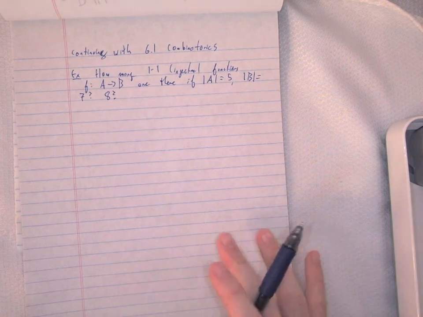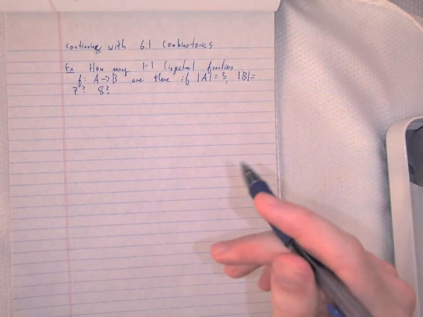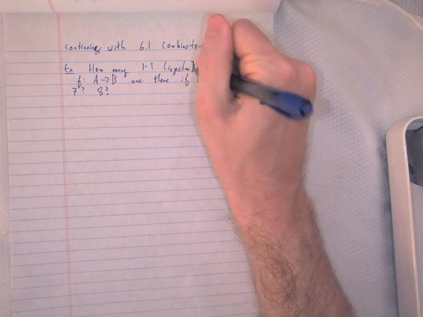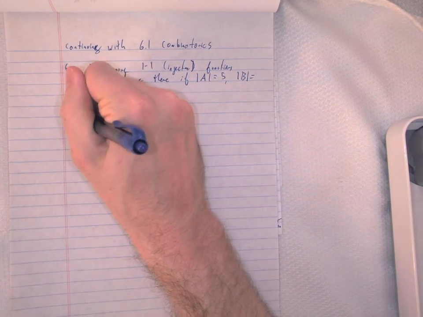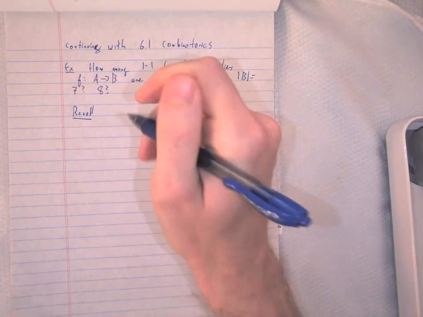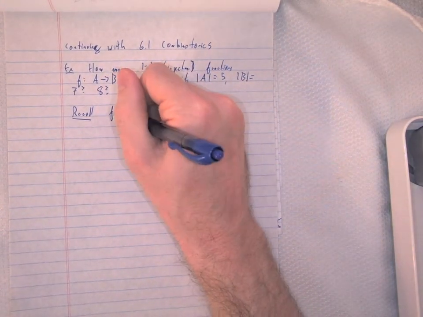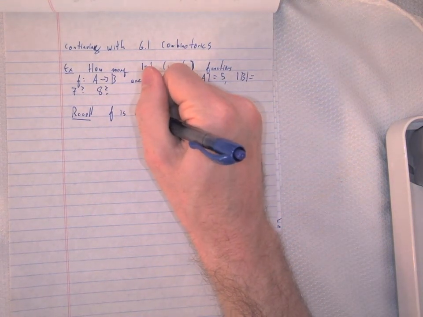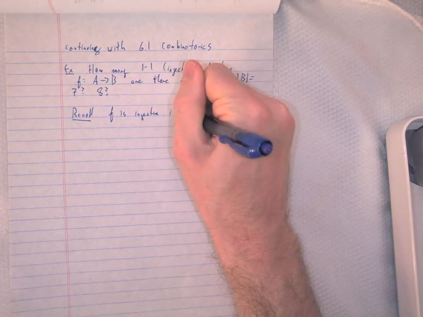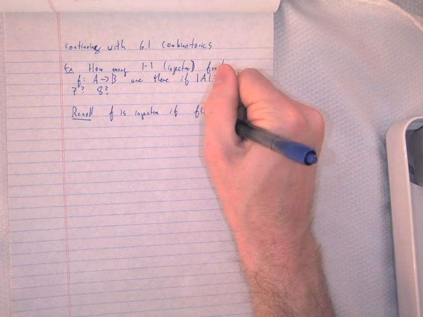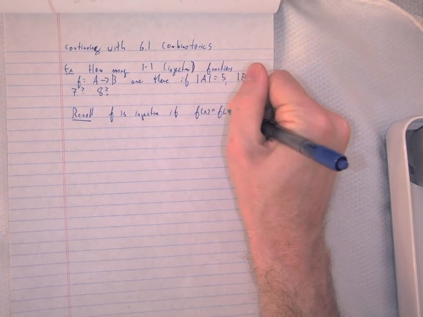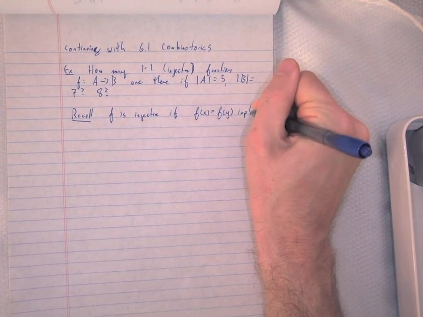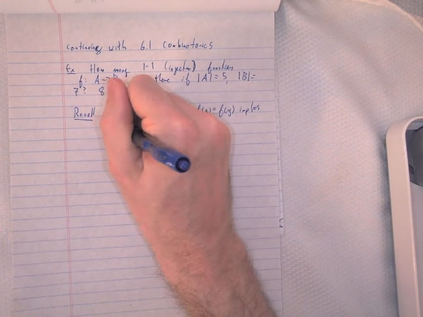Okay, and the way that we think about this is that an injective or one-to-one function, let's recall, is that f is injective if f of x equals f of y implies x is equal to y.